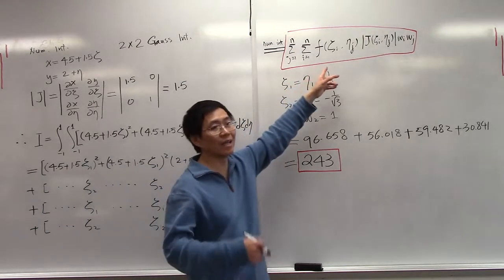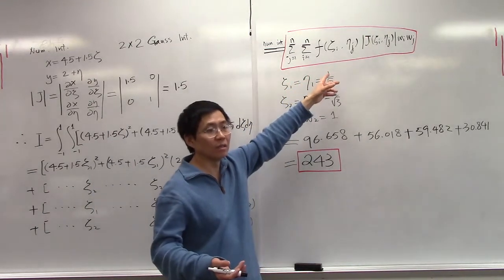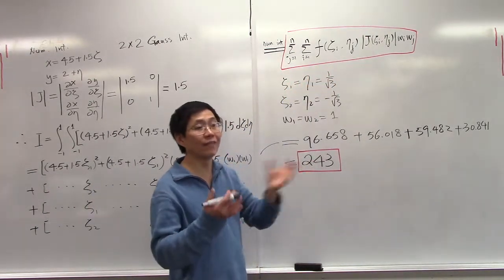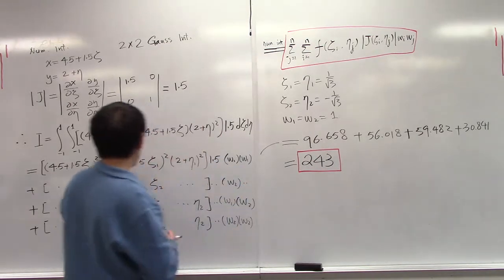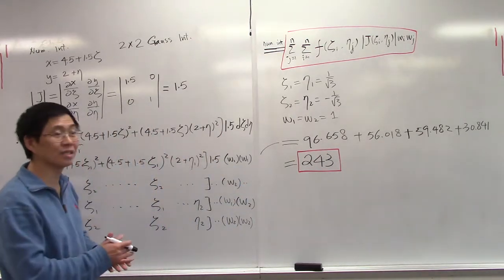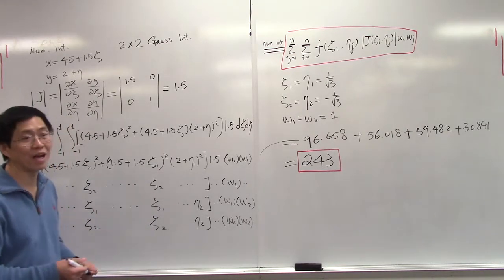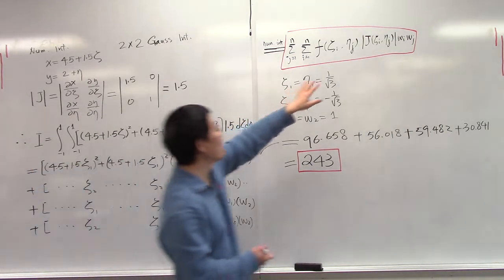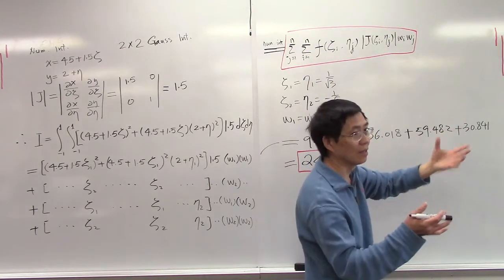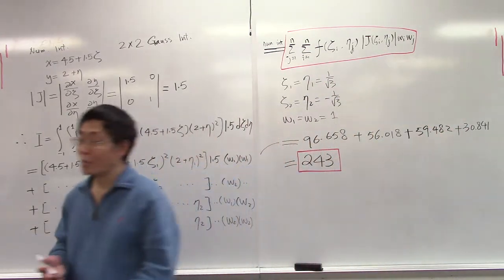You write a function, you know the expression, you can always evaluate it. So at certain points, 4 points, 40 points, doesn't matter for a computer, you can do it very, very fast. And then you just multiply by the weight, and add them together. So it's very easy numerically, okay?